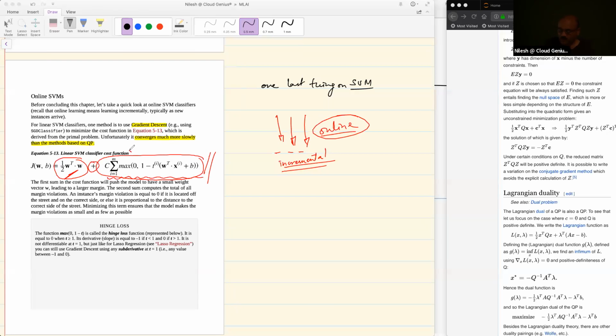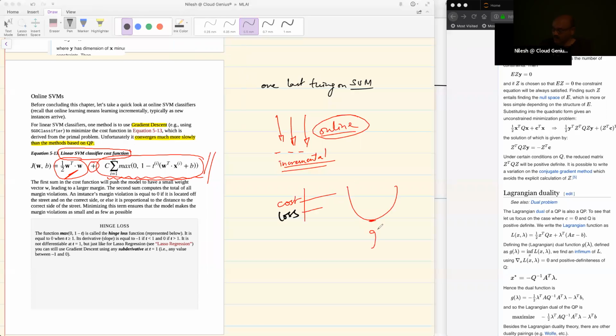And that's your linear SVM classifier cost function. And again, all the time when you hear the word cost function or loss function or any other such word, they all basically mean the same idea, which is I want to minimize the losses. I want to reduce my cost. So I want to find the minima, or the global minima, for the cost function. And that is what we will try.